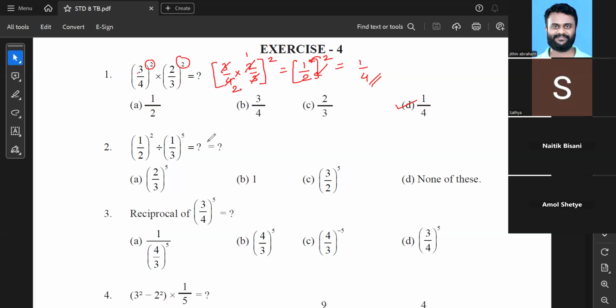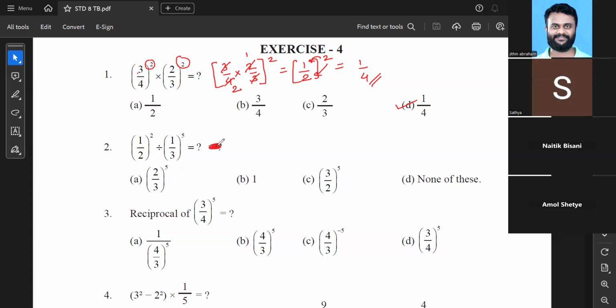Yeah. So the next question. In the next question, 1 by 2 raised to 2 divided by 1 by 3 raised to 5. Okay. Now, first of all, since this is division, since the bases are different and the indices are also different, that means we'll have to directly solve. So it's pretty clear that this division is going to create a problem for us.